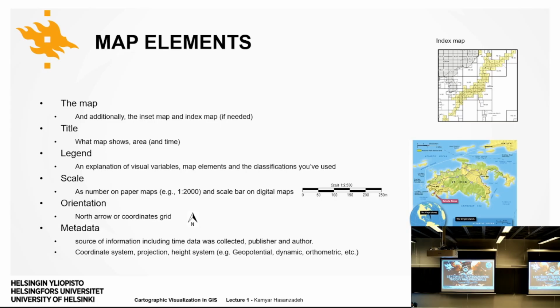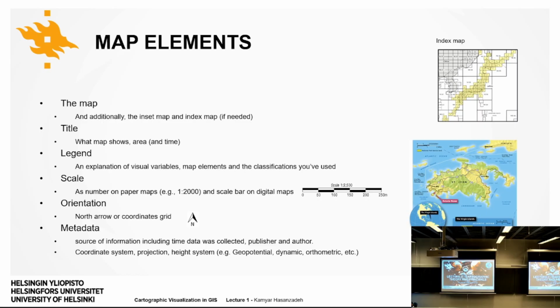The map elements, this is a short list. We will see a longer list of the elements that you often need to include in your map. Well, the map itself is an element. You should think of the map as an element and work on it. Where do you place it? How should it be placed? What is the scale? These are some of the things that you should consider when making the map.